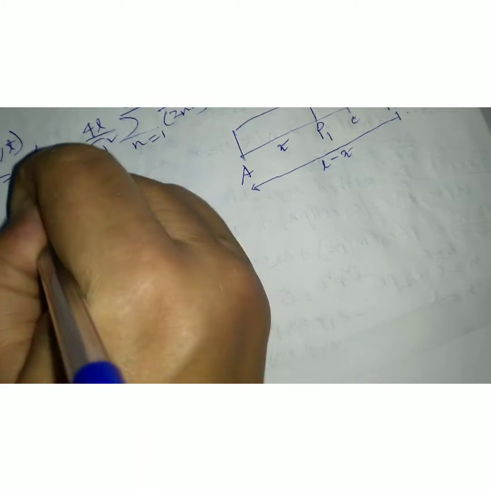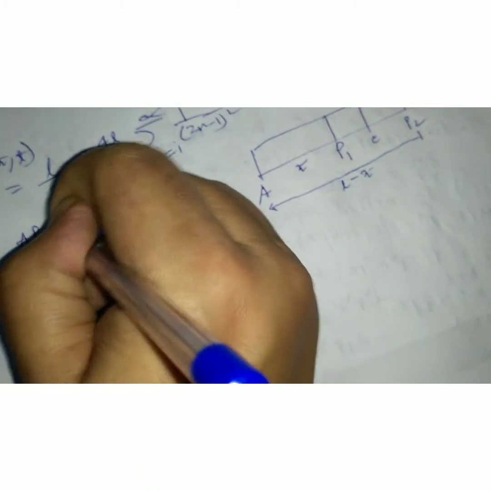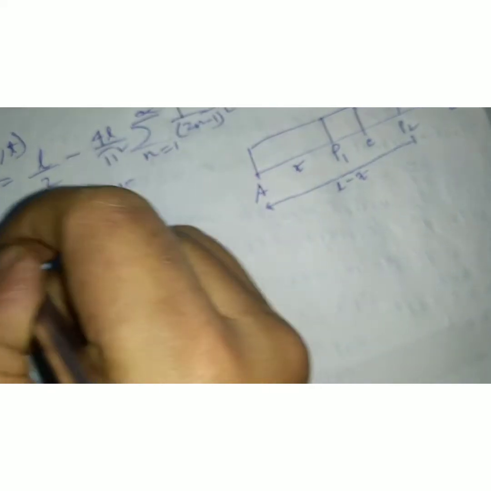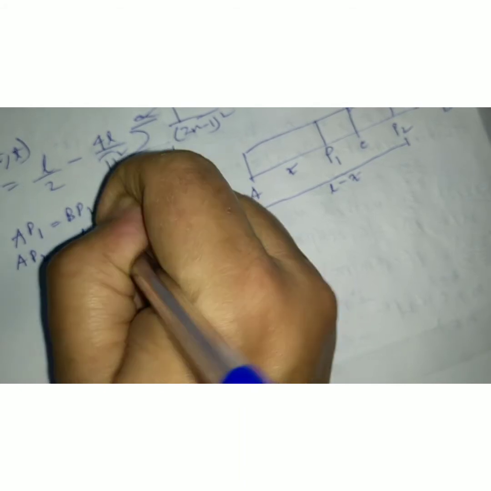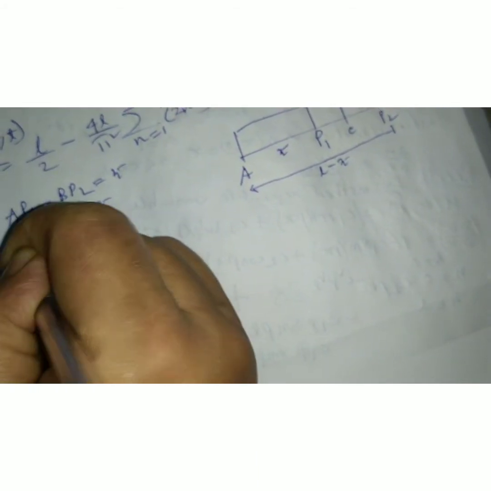In this case AP1 is equal to BP2 and is equal to x, and AP2 is equal to L minus x. So put this value u(L minus x, t).